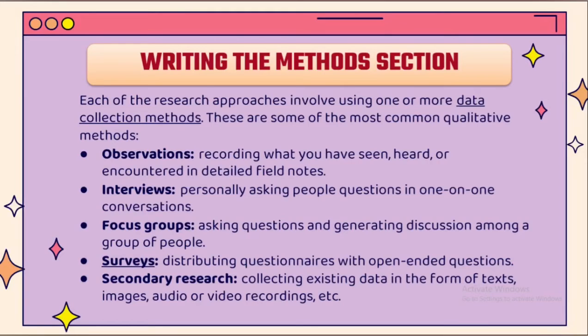And next is focus group, which is asking questions and generating discussion among a group of people. And next is surveys, which is distributing questionnaires with open-ended questions. And the last is secondary research, which is collecting existing data in the form of text, image, audio, or video recordings.